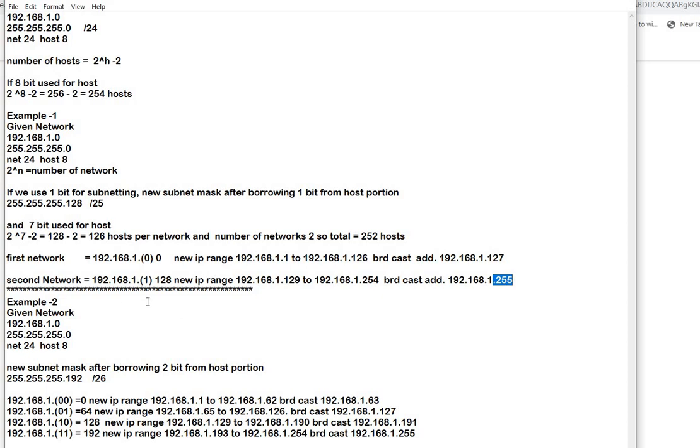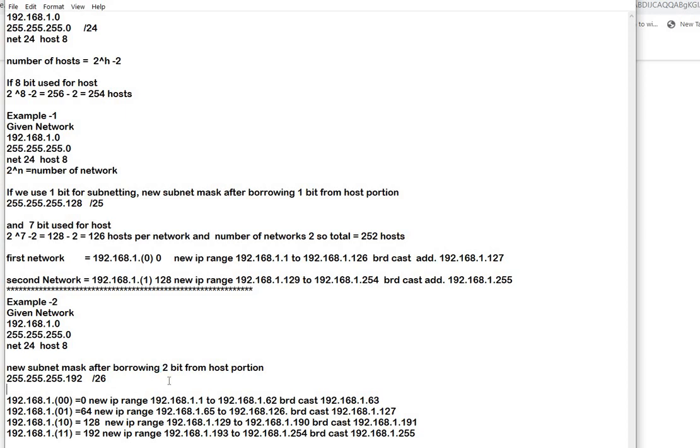Similarly, in the second example, if I take 2 bits for the network, then by this formula 2 raised to power 2 equals 4, so there will be 4 networks. If I take 2 bits for subnetting, 4 networks will be available in this range.